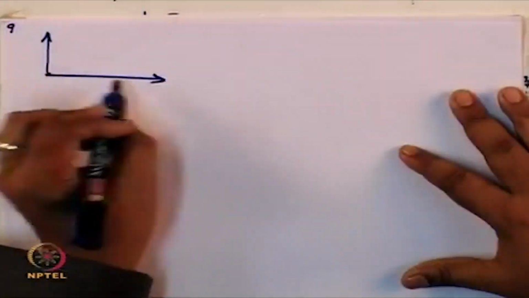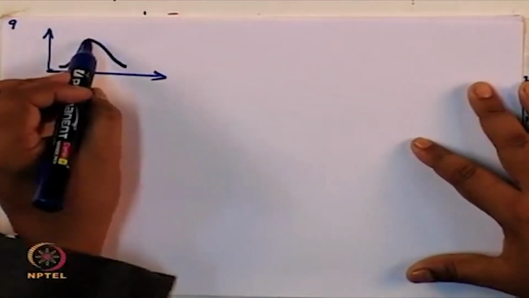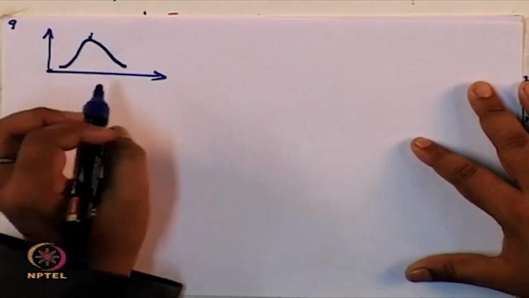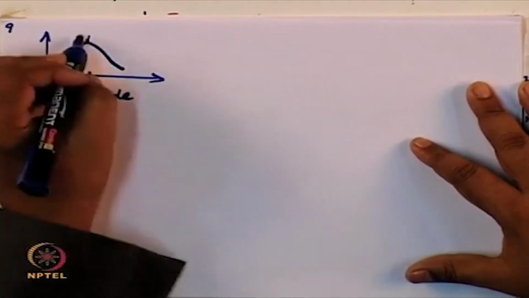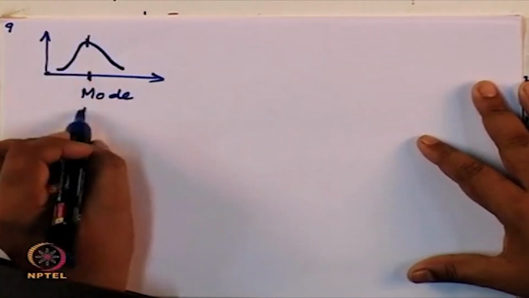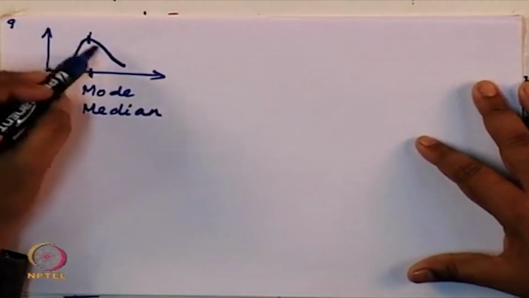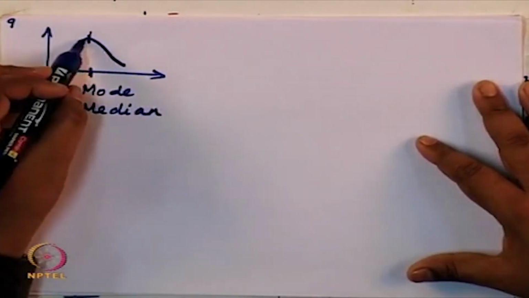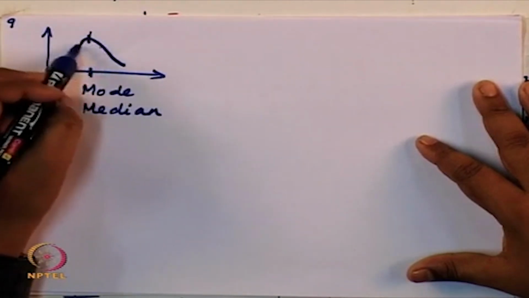What you can also observe from this distribution, since this is symmetric about the center, is that this is also the mode. Why? Because this is the maximum occurring value, and this is also the median. Because this is a symmetric distribution, and for every point to the left there is another point to the right which is occurring at identical frequency.